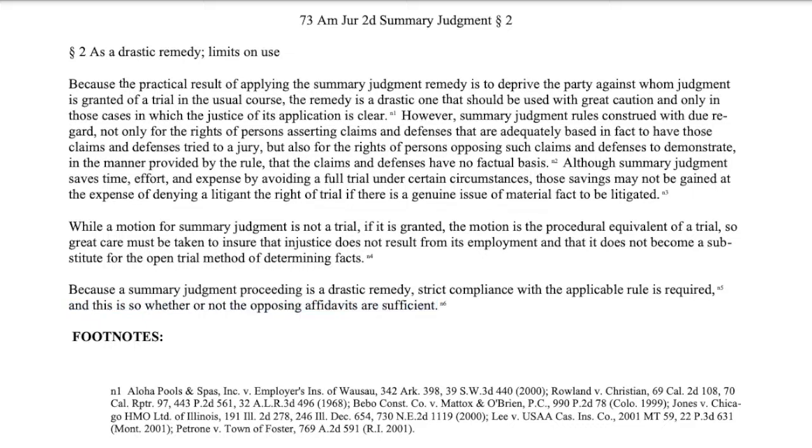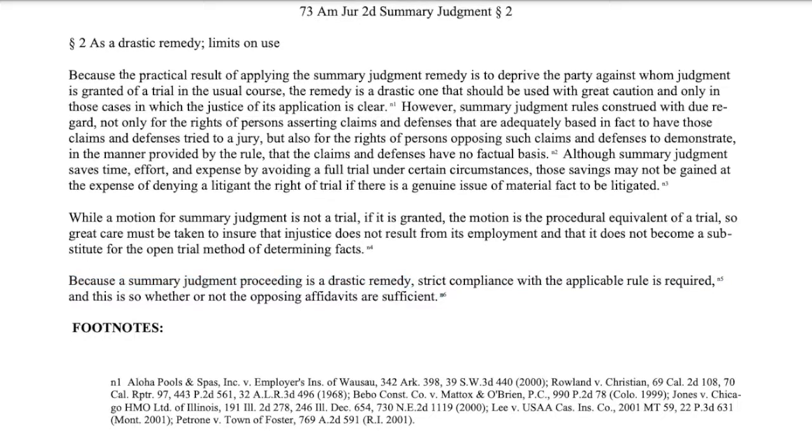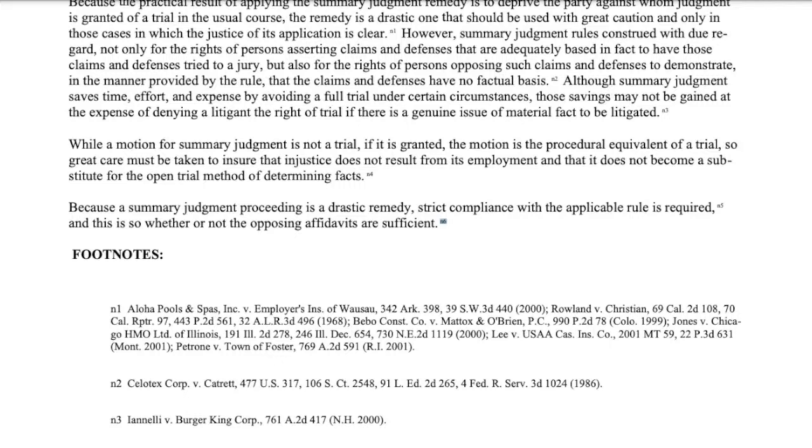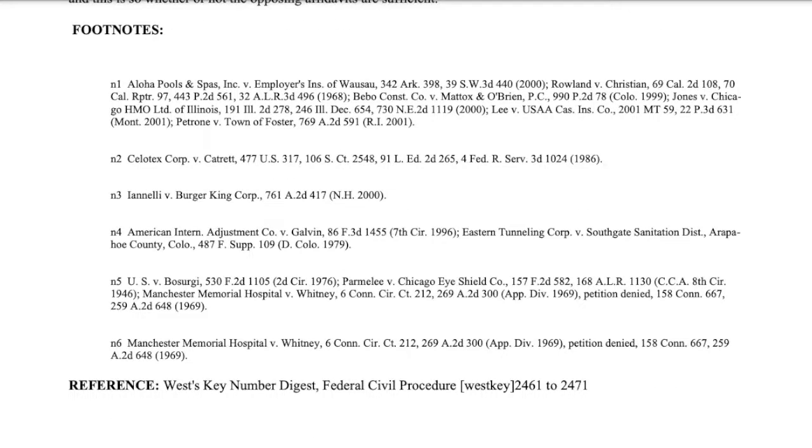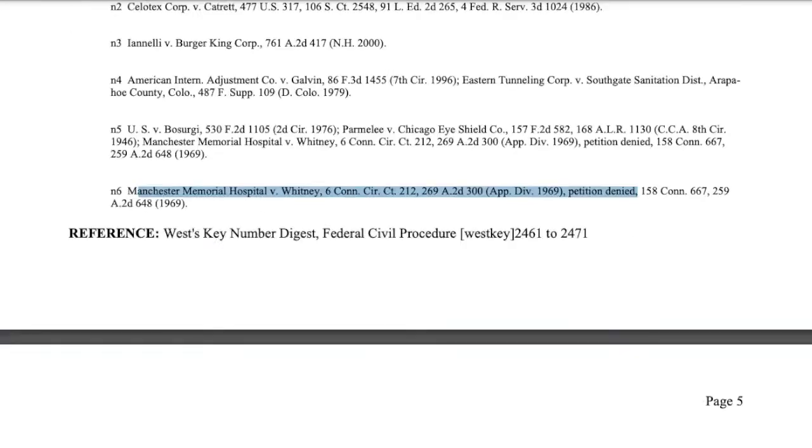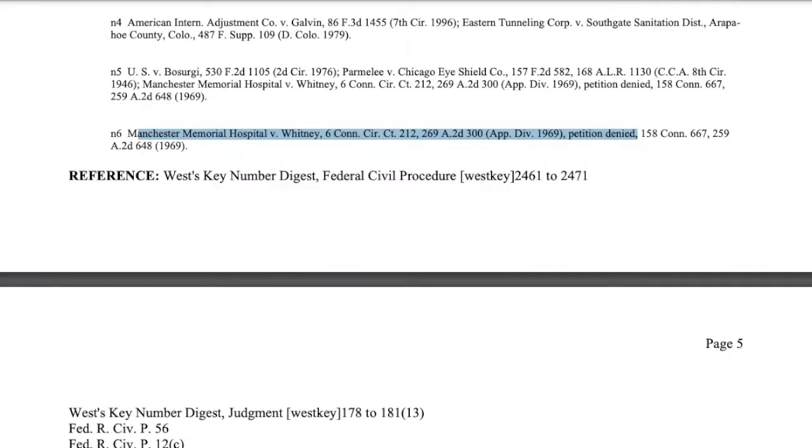So the battling affidavits cannot overcome the strict compliance with the rule because of the drastic remedy of summary judgment. And that's footnote 6. Let's see what that's about. And that's Manchester Memorial Hospital versus Whitney in Connecticut, 1969. I wish there's a little bit more on that one.